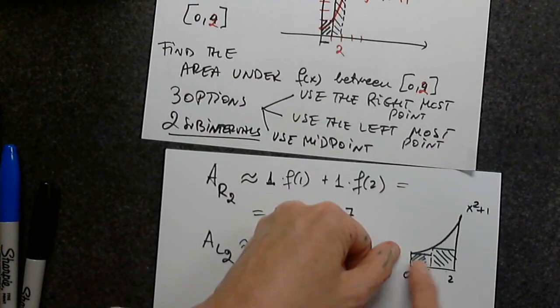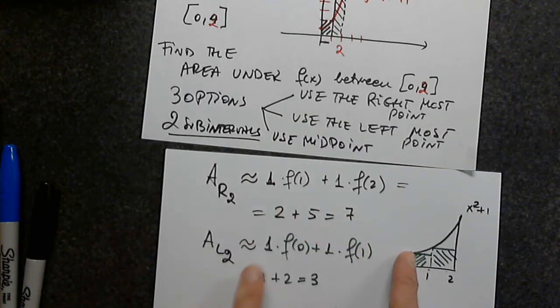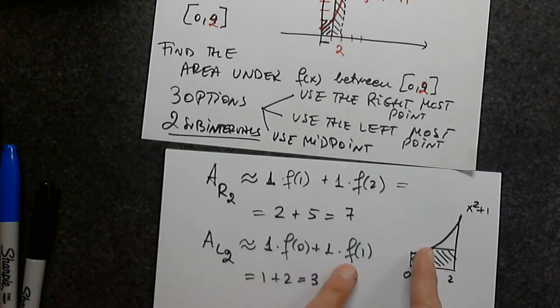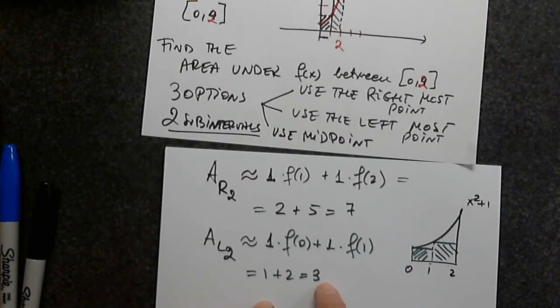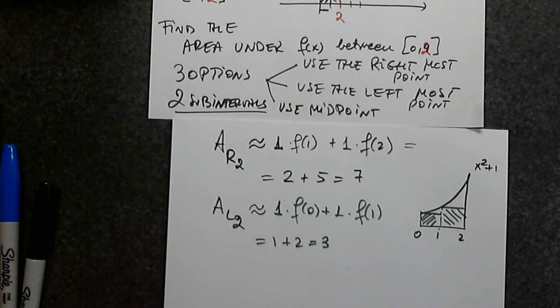So this rectangle is base times height, 1 times f of 0, plus 1 times f of 1. F of 0 was 1, times 1 is 1. F of 1 was 2, 2 times 1 is 2. 1 plus 2 is 3. Better? Yeah.